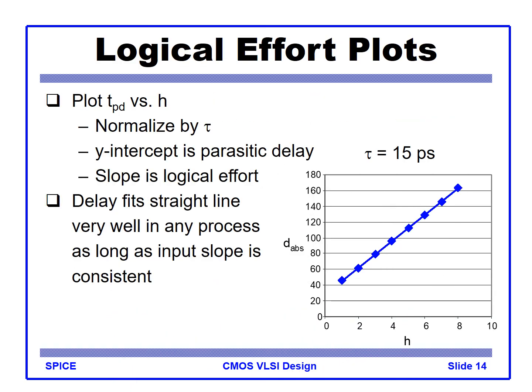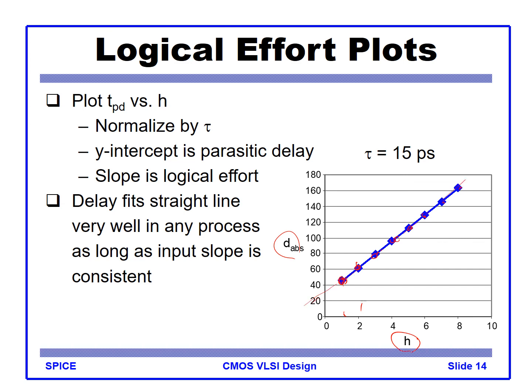This is the logical effort. We plot the simulation result, the delay versus the fan out of H. If you increase the fan out, the delay increases, so this is a straight line.